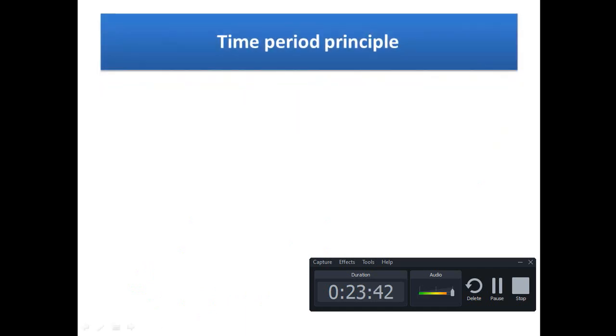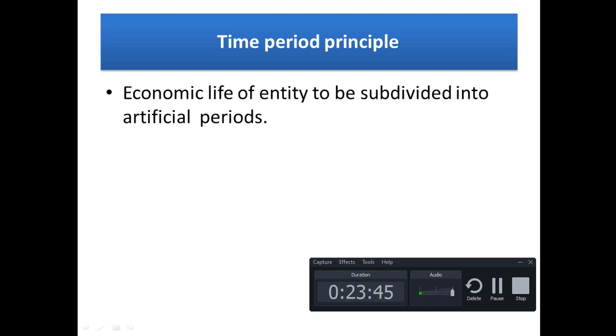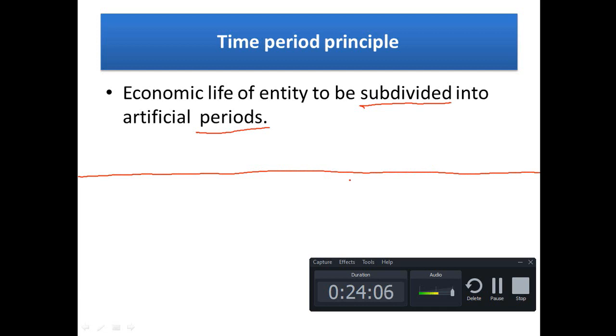So our next accounting concept is the time period principle. The time period principle states that the economic life of an entity is to be subdivided into artificial periods. As the going concern principle states that the business has no end, and it will continue for the foreseeable future, the owner of the business cannot sit and wait and let the business run.